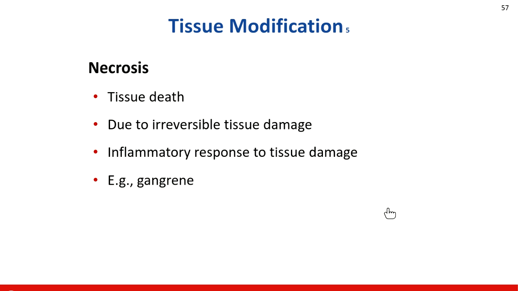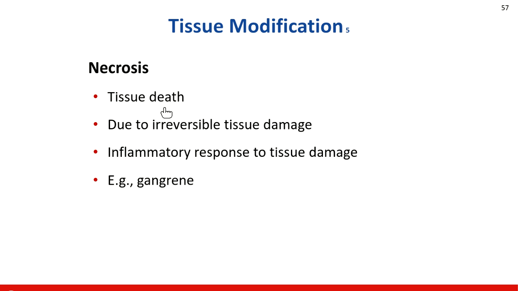Speaking of death, this term here, necrosis, refers to tissue death. So this is what happens when we see irreversible tissue damage, for example, in frostbite. If you are stranded somewhere like in the Andes Mountains or up there in the Alps for several nights and you are naked, let's say, and you don't have any way to warm yourself, the tissues in your fingertips will be deprived of normal blood flow, because one of the reactions your body is going to have is to try to keep your internal organs warm.